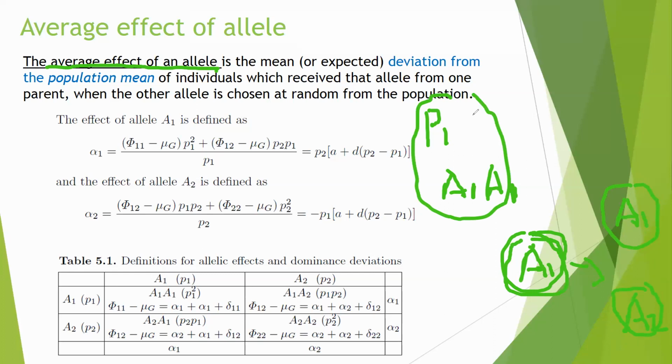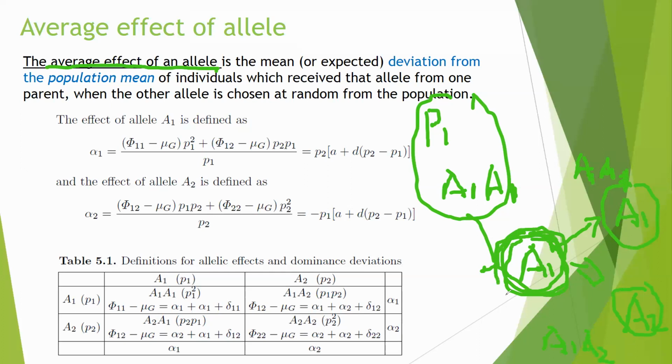This parent can only produce this allele, and this allele has two possible outcomes. If this allele comes together with an A1, randomly chosen from the population, then it will form a genotype like this. If this allele comes together with the A2, randomly chosen from the population, then it will form a genotype like this. So there are two possibilities.